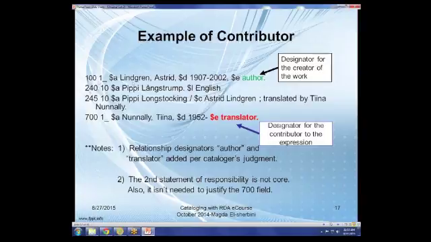So this is a field that should be used anytime you have a work that was originally written in a different language than the one in which it is currently held by the library. So for instance, War and Peace, originally written in Russian. I don't recall what the Russian title of it was, but if you look at the record, you'll see it there.